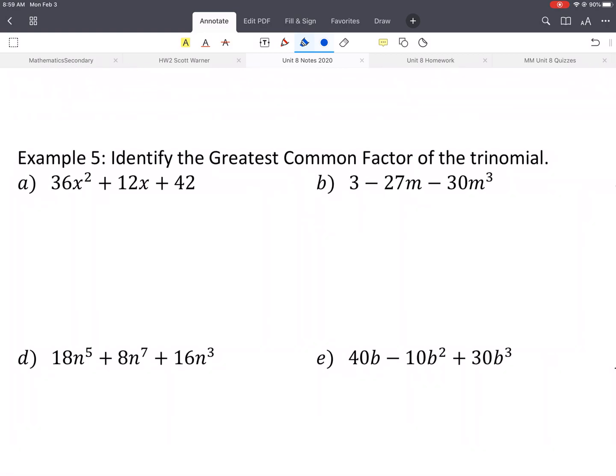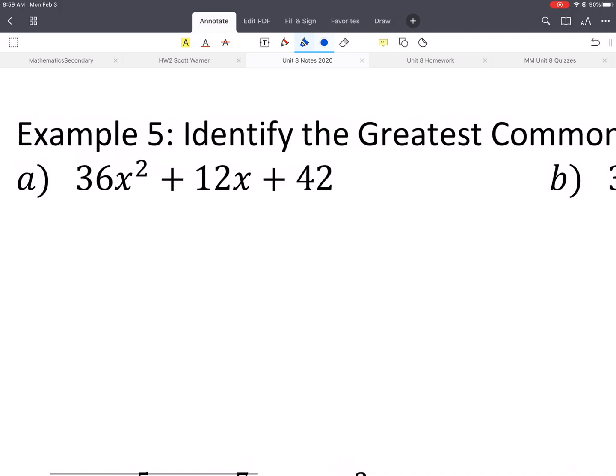Okay, identify the greatest common factor for a trinomial. All right, so we're doing the same thing, just we have an extra term. So looking at this, what would be the greatest common factor for the numbers? Well, maybe it's not apparent, so I'm going to write mine down.